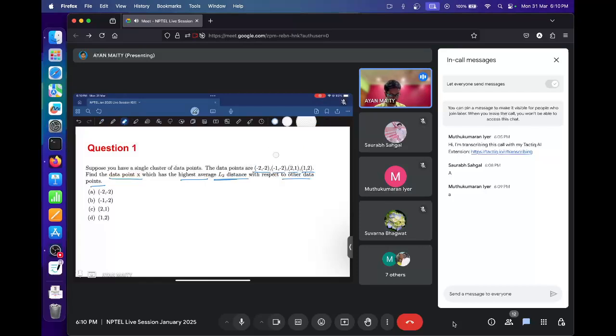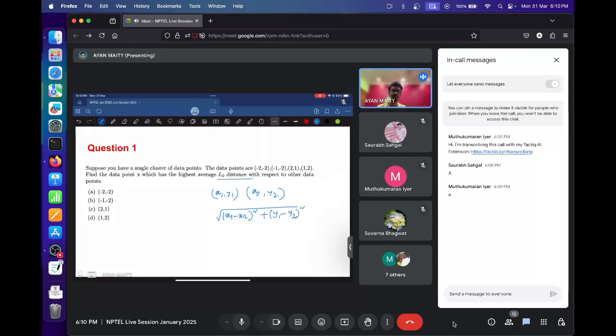So in this question, first thing is that you need to know the definition of L2 distance. L2 distance is basically the Euclidean distance. If you are given two data points (x1, y1) and (x2, y2), the L2 distance between these two points is defined as the square root of (x1 minus x2) square plus (y1 minus y2) square.